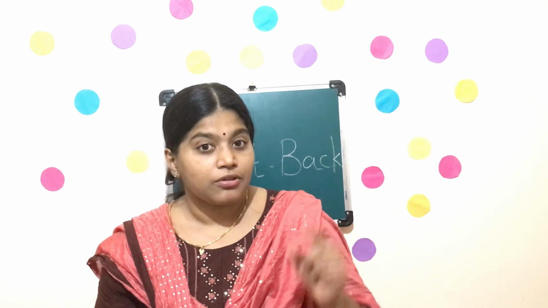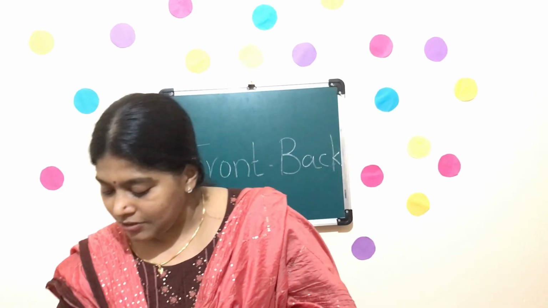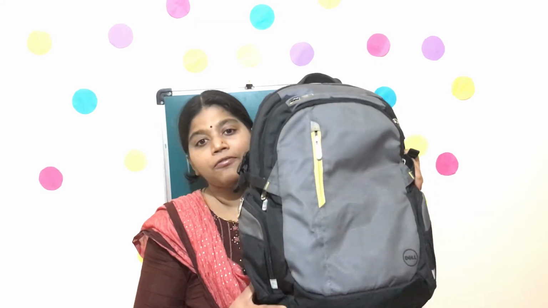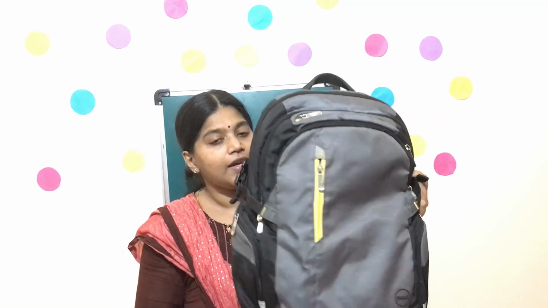Okay, now I will show you one more example. So I have one bag here. Okay, so this is front side of the bag, right? Front, and this is back. Front, back.